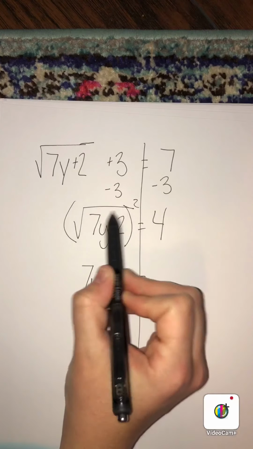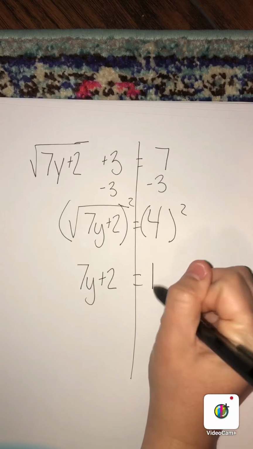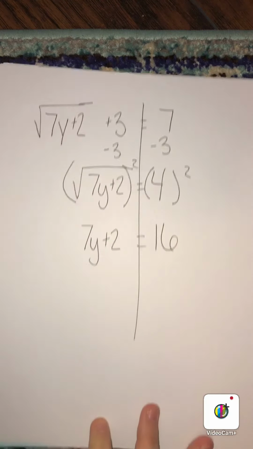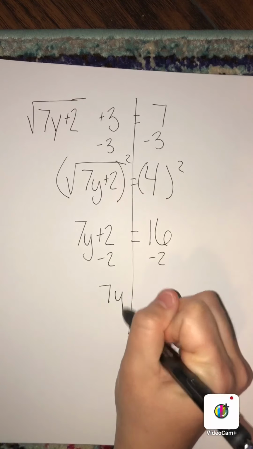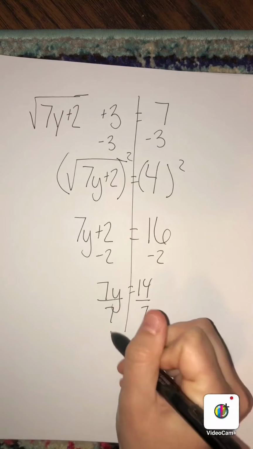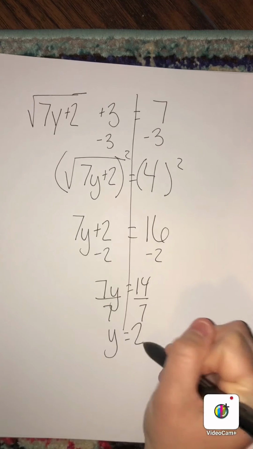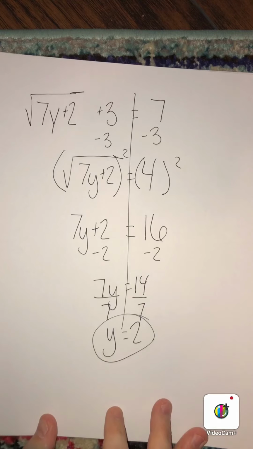So nothing in here changes. I also have to square this side, so I get 16. Now you've just got a two-step equation. Minus 2 on both sides. 7y equals 14. Divide by 7, divide by 7. Y equals 2. That's all there is.